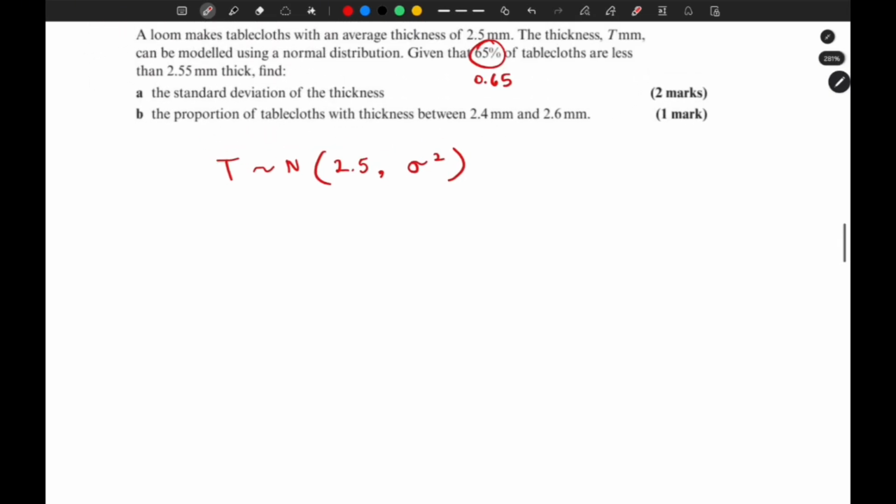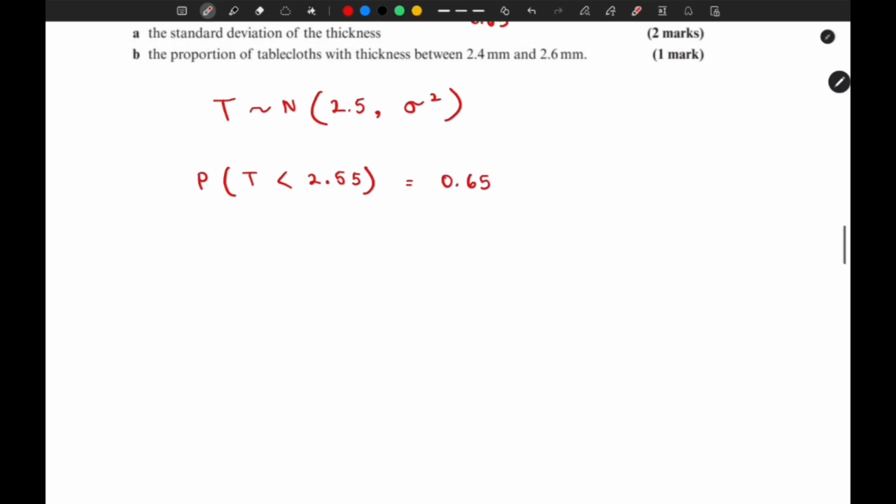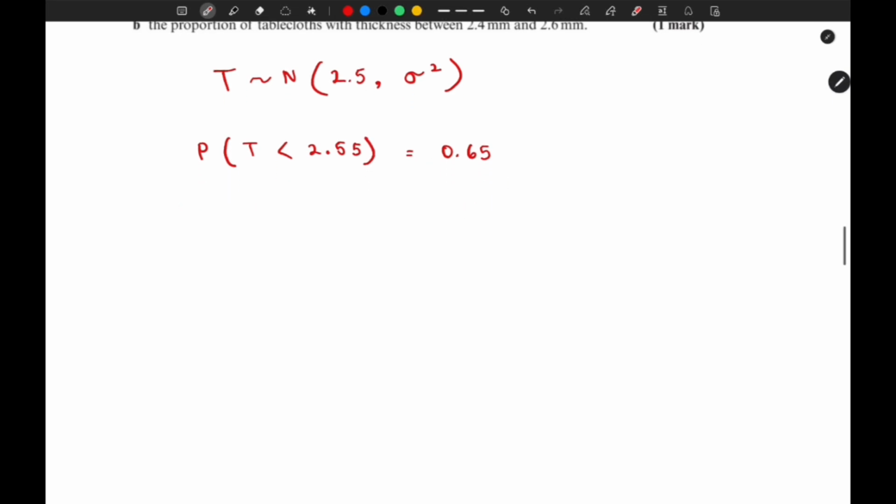So we can say that the probability for T to be less than 2.55 is 0.65. Now we need to go back to the statistical table, but first we need to convert this value of t into z.